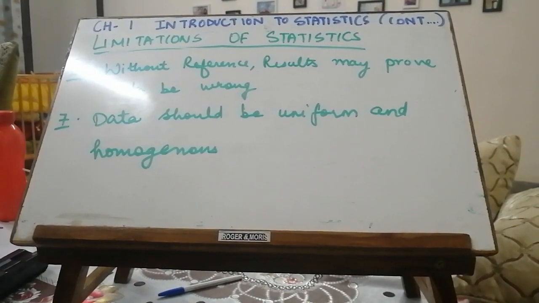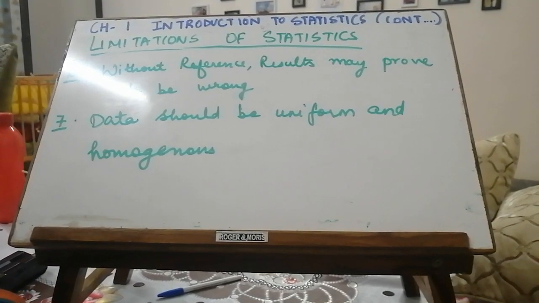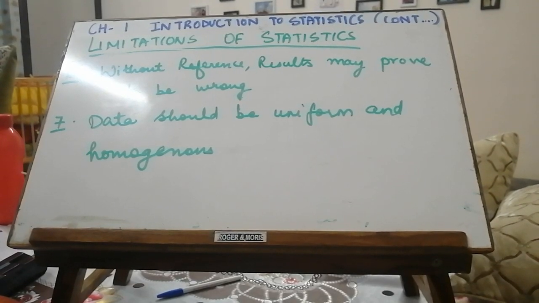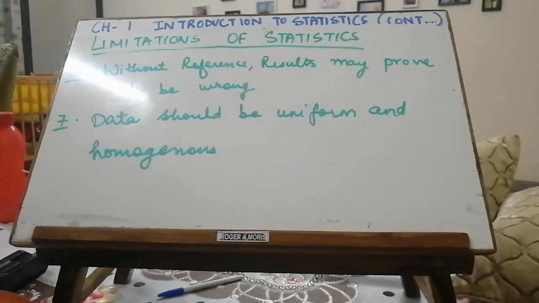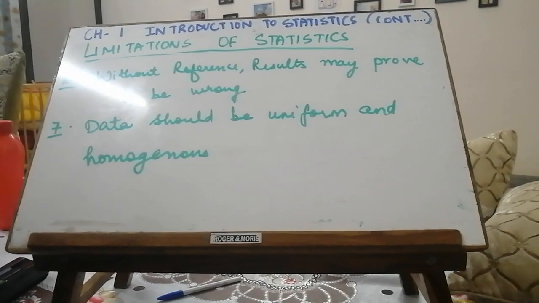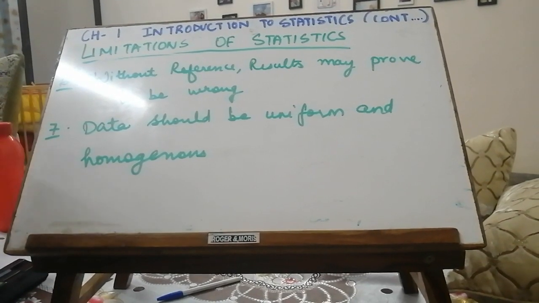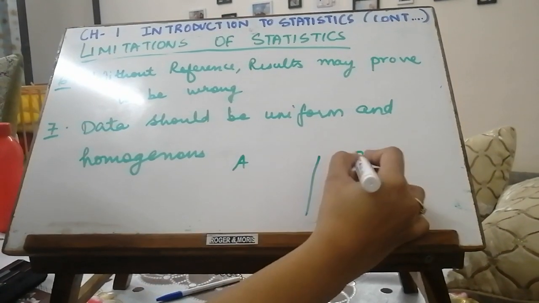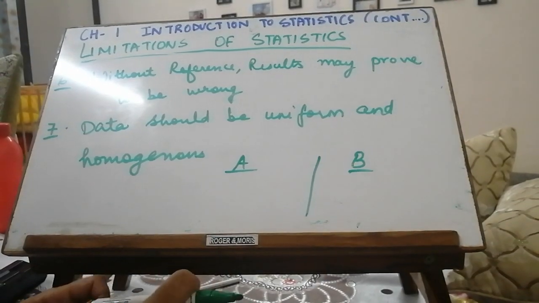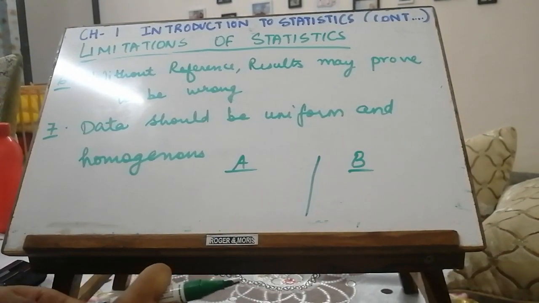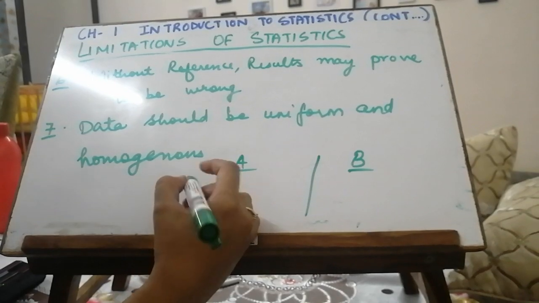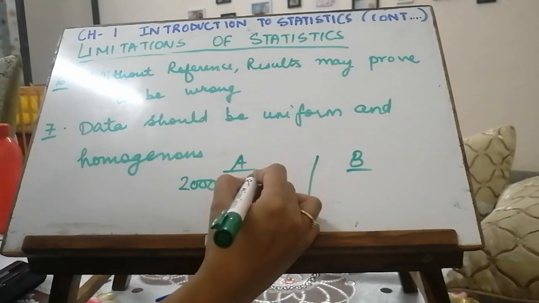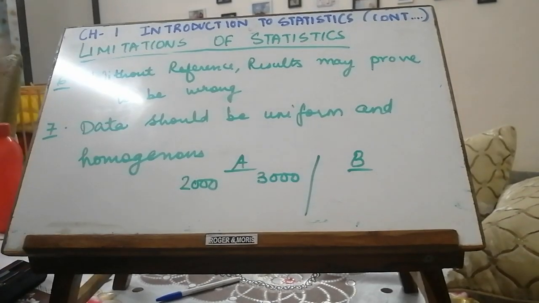So these are the last two limitations of statistics. Number one is, without reference the results may prove to be wrong. Here is an example to explain it. There are two firms, let's say A and B, and I am comparing their profits. In the first year A earned a profit of 2,000, and in the second year 3,000 rupees.